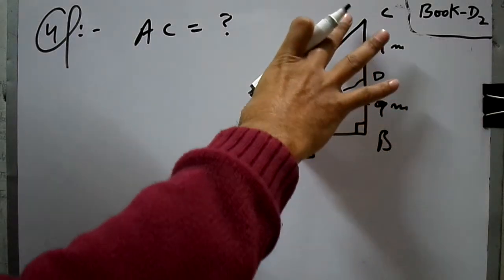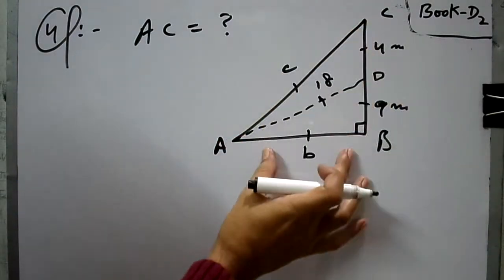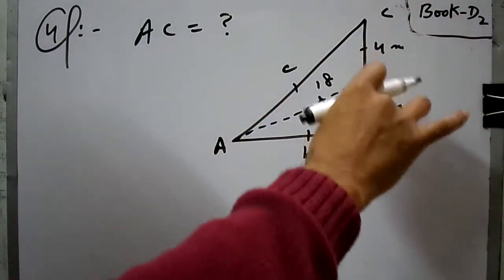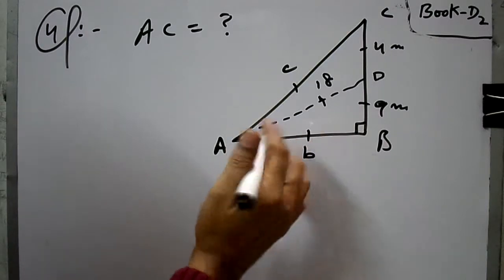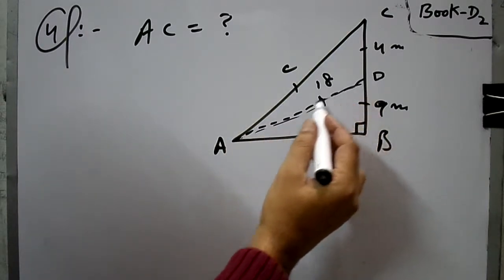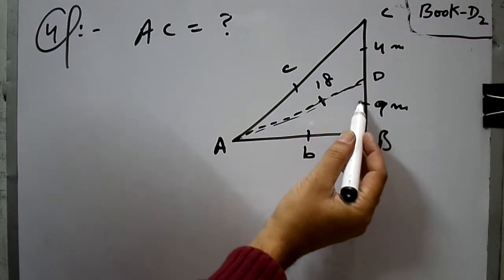But before finding this side, we don't have this side, because this is the altitude and that is your base, but you don't have the base. With the help of this triangle, you can find the base, because you have here the hypotenuse and altitude.